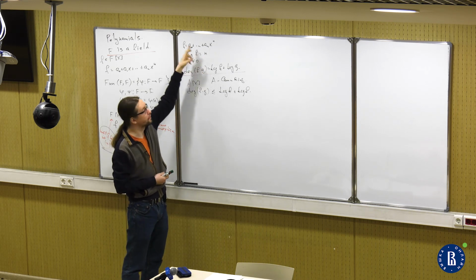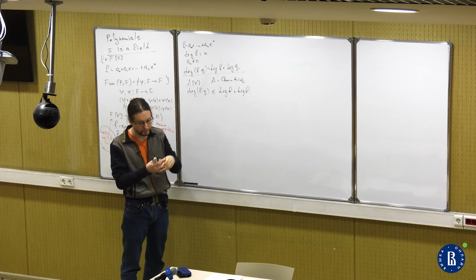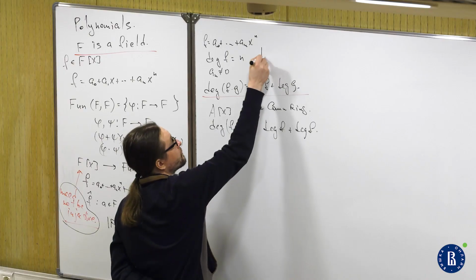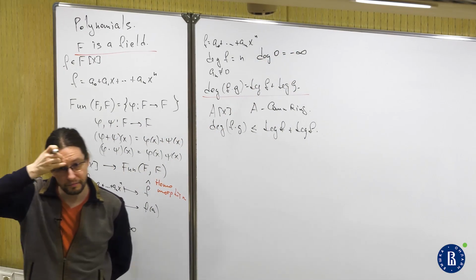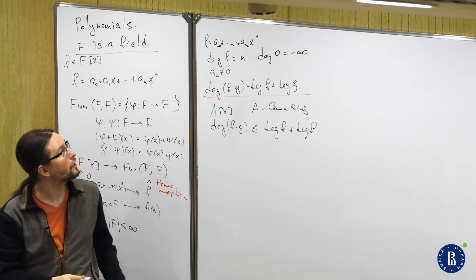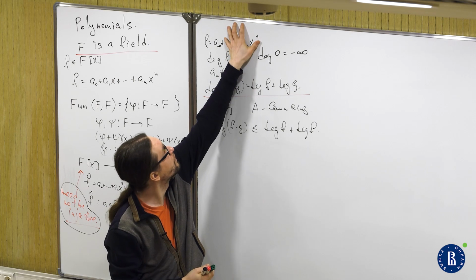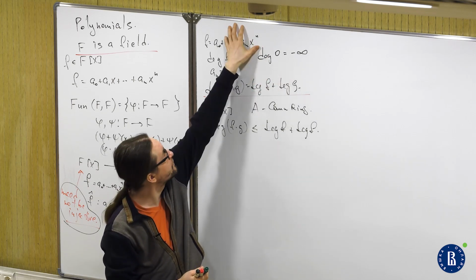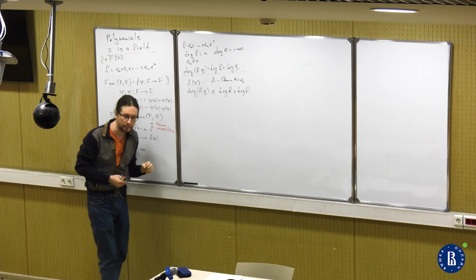If all the coefficients are zero, there is no non-zero leading coefficient. So in case of zero, we will say that the degree is minus infinity. The constant polynomials, the polynomials without a variable, have degree 0 or minus infinity. Minus infinity is a special case of the zero polynomial.